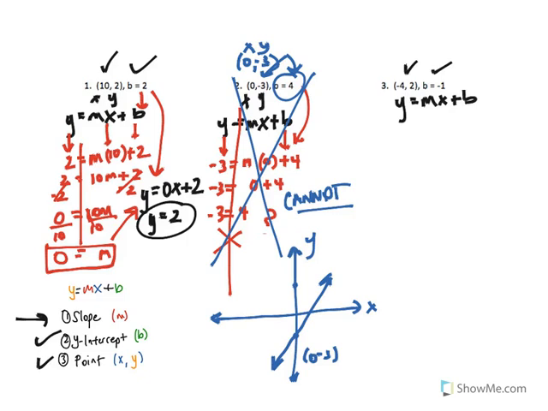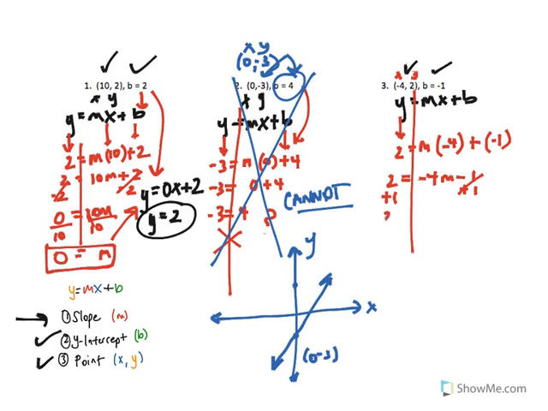And I substitute. So here, this is x, this is y. I substitute, y is 2, equals, slope we don't know, x is negative 4, plus b is negative 1. So I solve. 2 equals negative 4m minus 1.